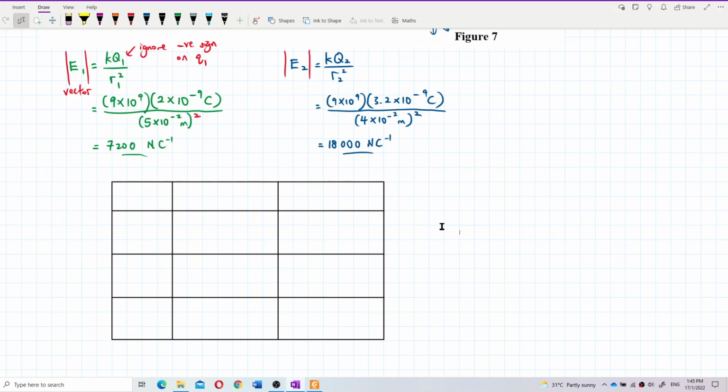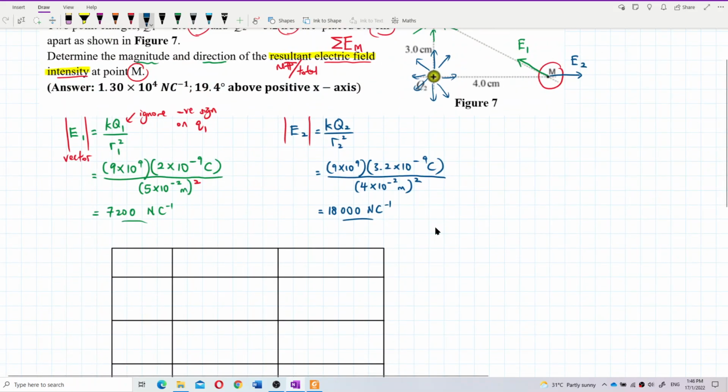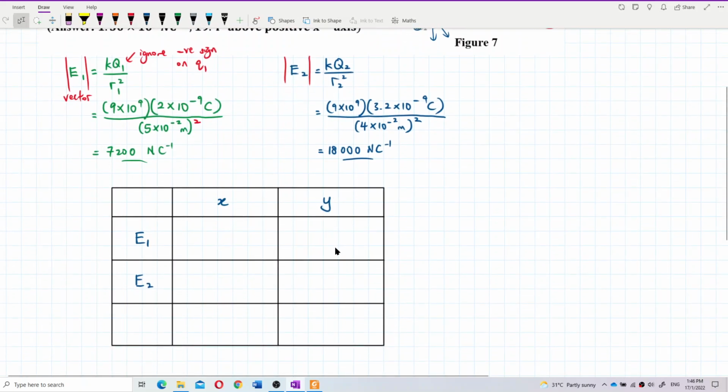Okay, now I have the table ready. I need to resolve this E1 and E2 into x component and y component, and the last one is the resultant electric field for both x and y components.